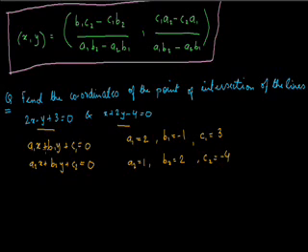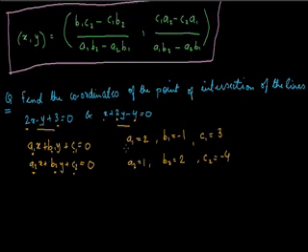So if I compare a1x plus b1y plus c1 equal to 0 with 2x minus y plus 3 equal to 0, I can say that in place of a1 I can write 2, in place of b1 I can write -1 and in place of c1 I can write 3. Similarly, if I compare the second equation, that is a2x plus b2y plus c2 equal to 0, with x plus 2y minus 4 equal to 0, I can say that the value of a2 is equal to 1, the value of b2 is equal to 2 and the value of c2 is equal to -4.